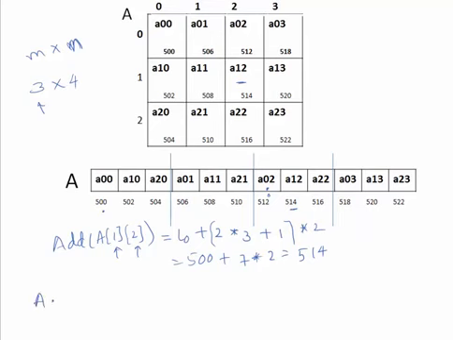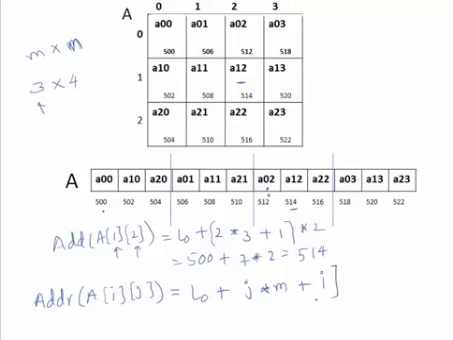If you make it a formula for finding the address of any location i and j, it is L naught plus j into m plus i, multiplied by w. That's it. This is the formula for column major mapping.